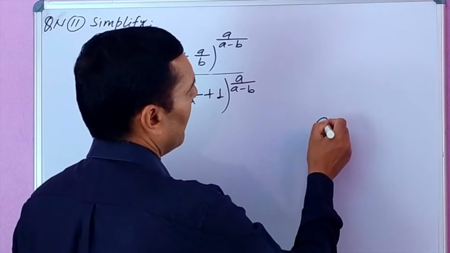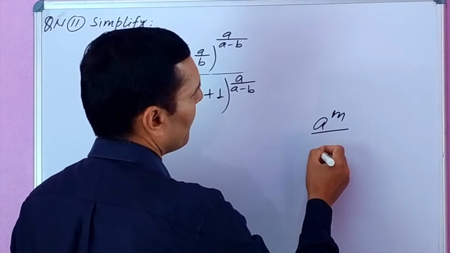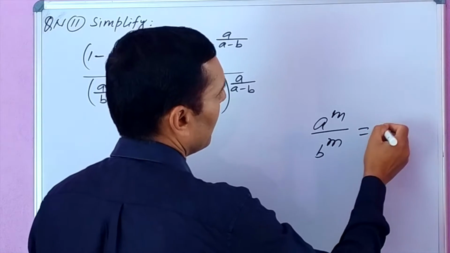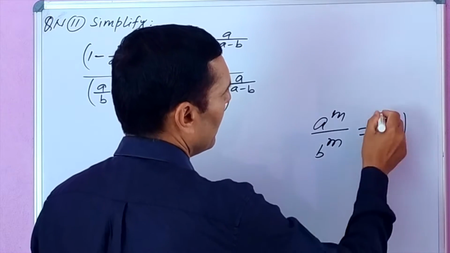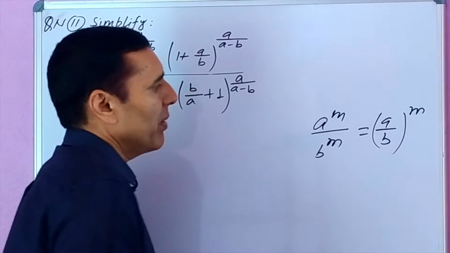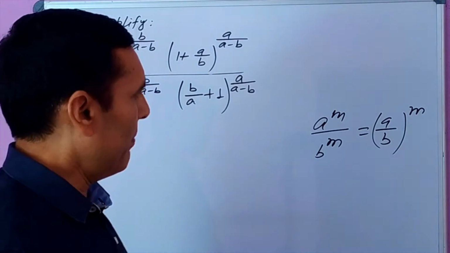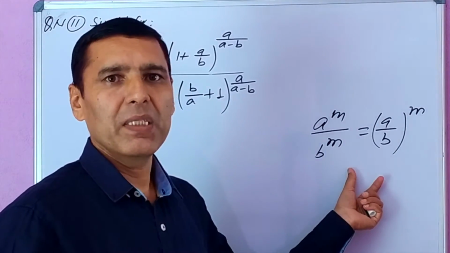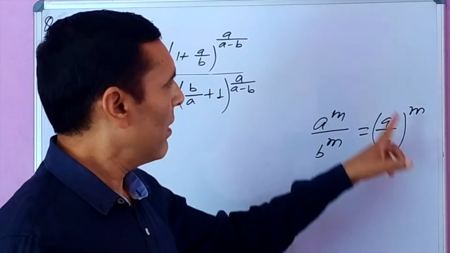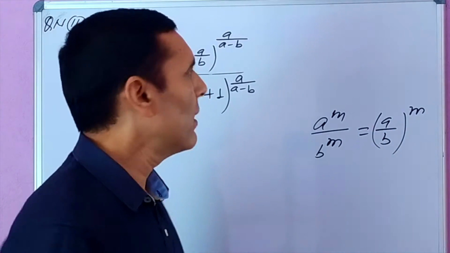If we have a to the power m upon b to the power m, this can be written as a upon b to the power m, because a and b both have the same power m. So we can raise a single power for both, keeping a upon b in the bracket.